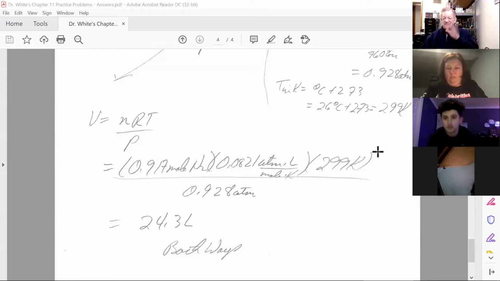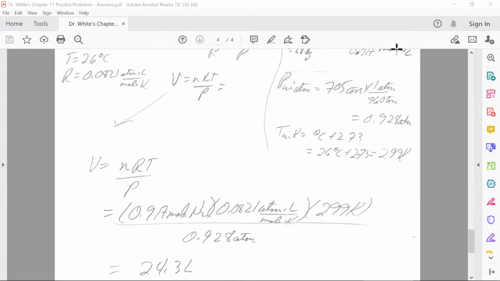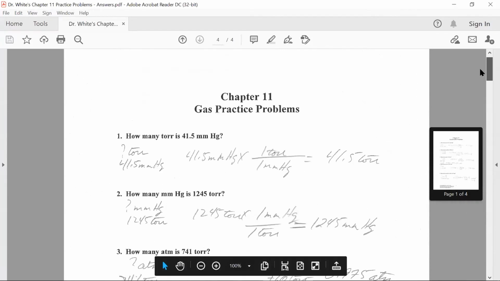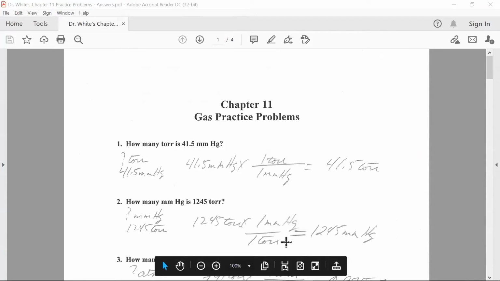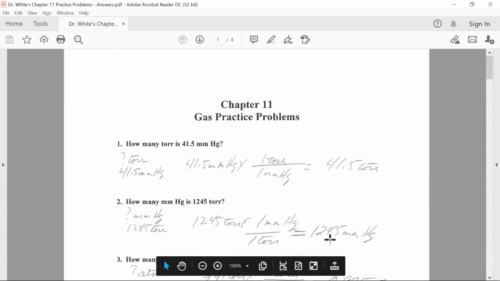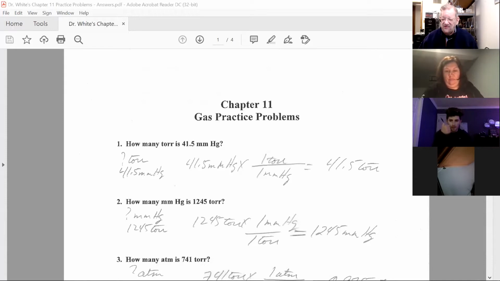Oh, I see some faces. Real people are out there. Everybody see? As soon as I get to the top, hang in there for a second. All right, everybody see the Chapter 11 gas law problems on your screen? Thank you.